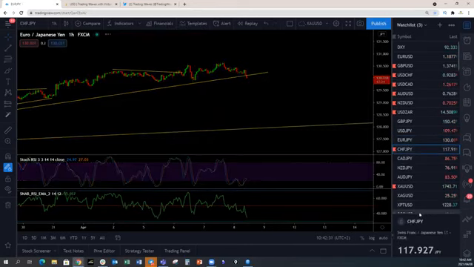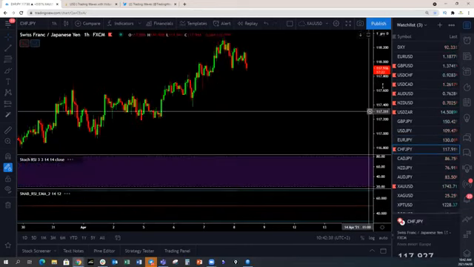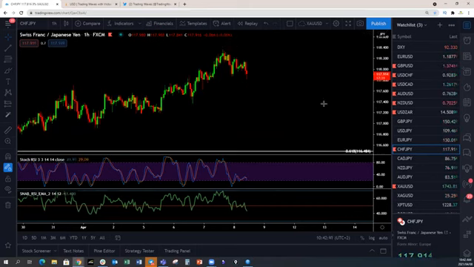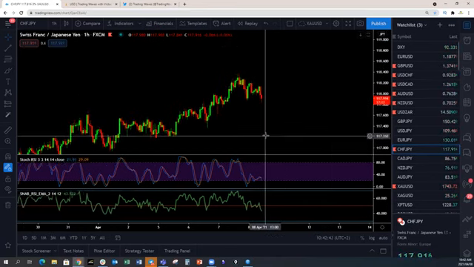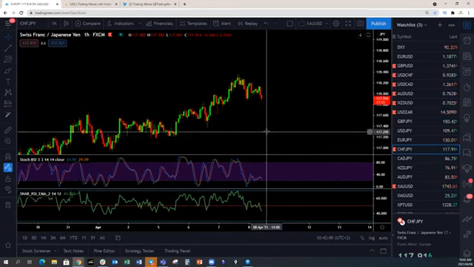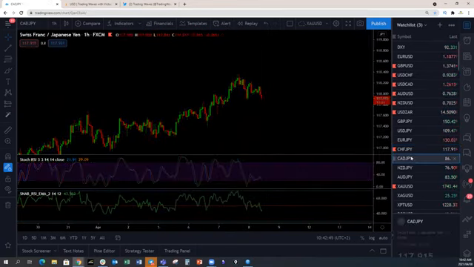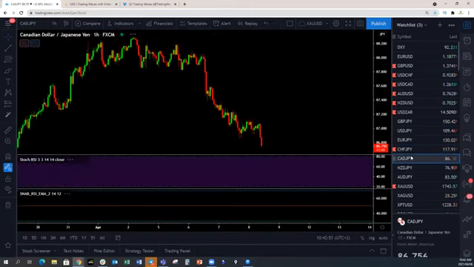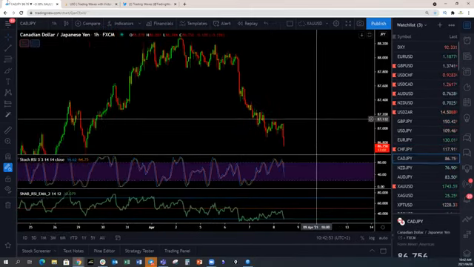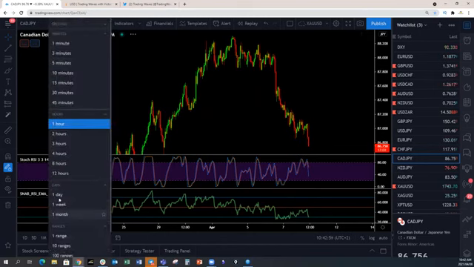Chief Yen will be the same, obviously, but there's no trade setup. There's no trade setup for downside. Let's go to the daily on CAD Yen.